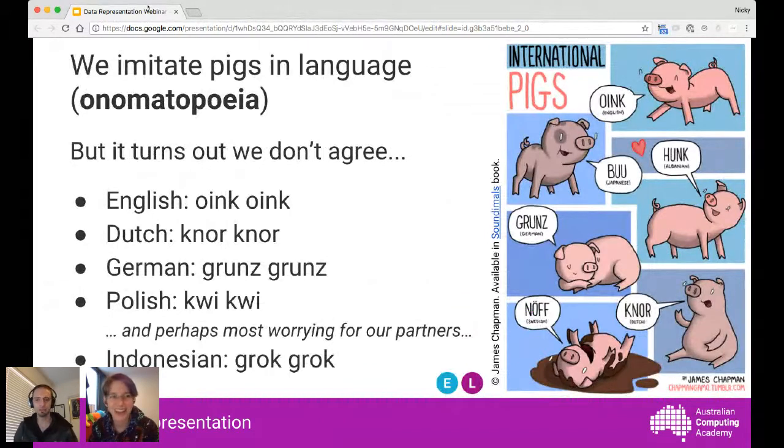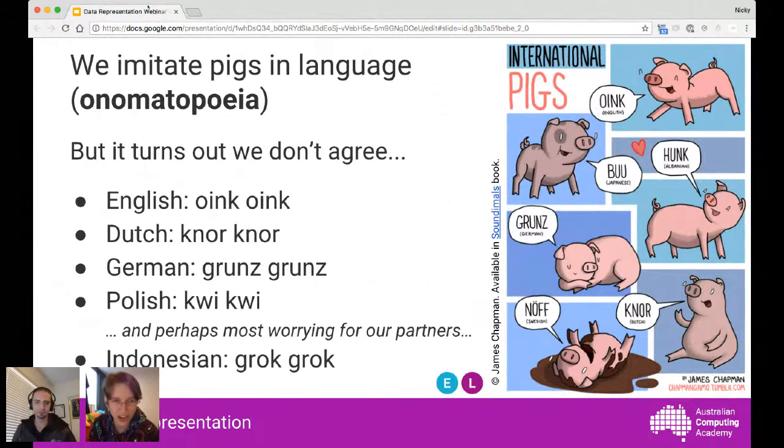Clearly, the conventions of our languages and the way that we familiarize ourselves with the environment in which we live and the sounds that we hear means that we end up with different expressions of those particular sounds. And we don't agree across languages. So English is oink, oink, and arguably that's not a particularly good version of the noise of the pig. But it is a fun one. I think the Germans have it pretty nailed with Grunz.